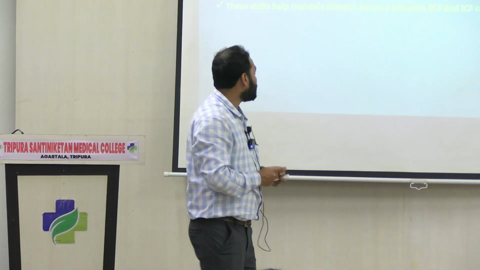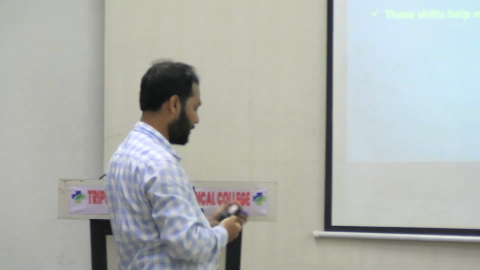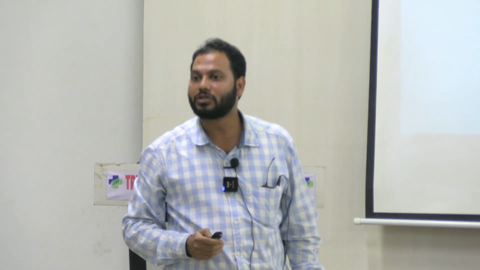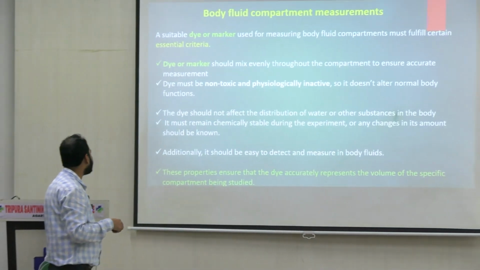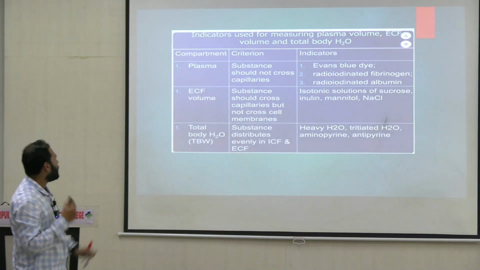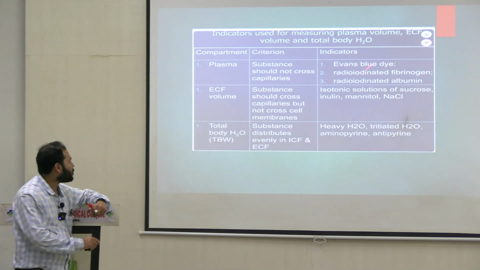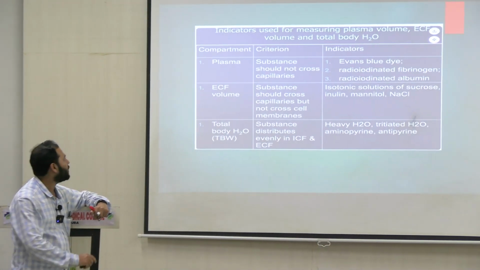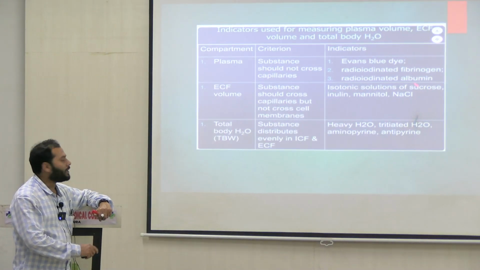Now, let me show some other important points. As I've already mentioned, there are different types of indicators used. So let me show the other indicators. For the determination of plasma, the most important indicator is Evans blue, right? Radioiodinated fibrinogen, then albumin.